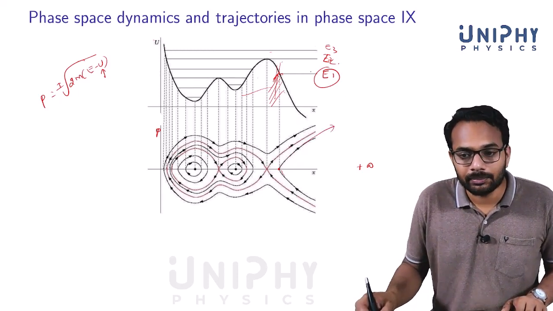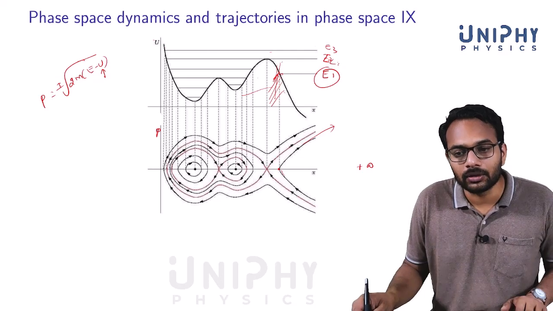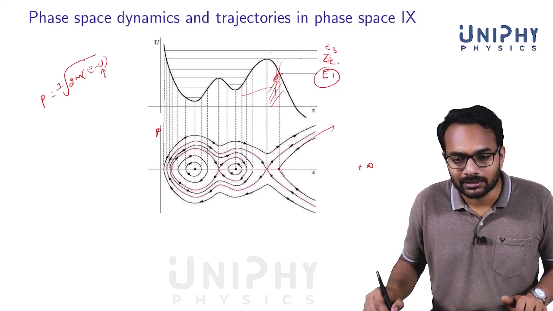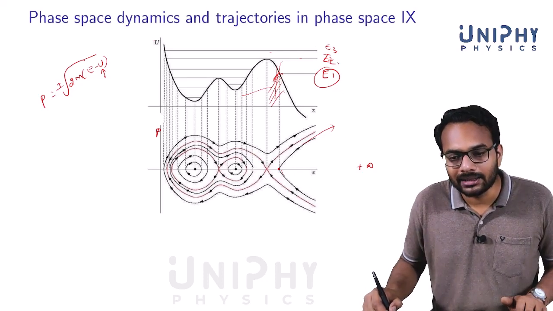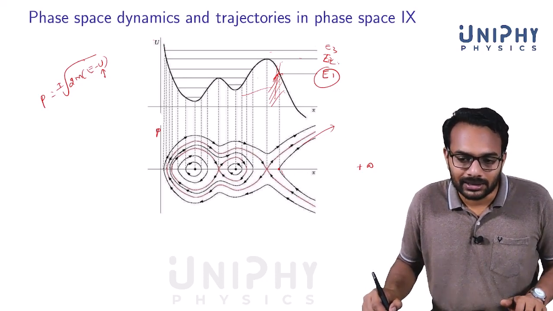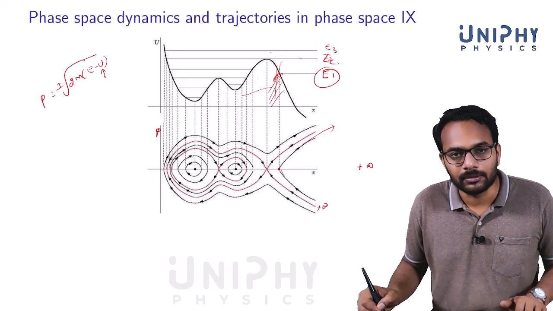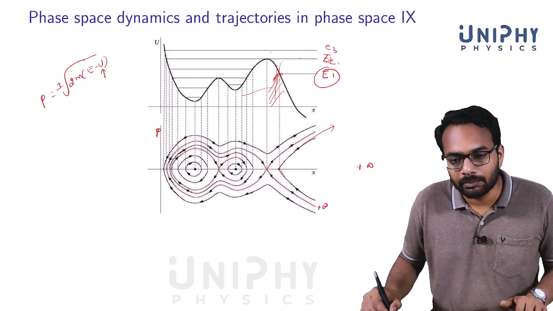Now suppose a particle of energy E2 comes here. It will approach this point, coming from plus infinity, starting with a positive momentum, and it will go along this line.